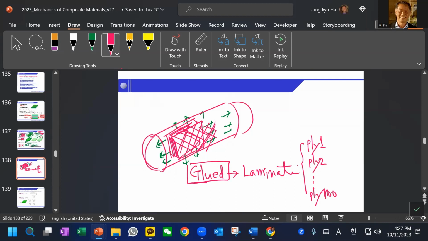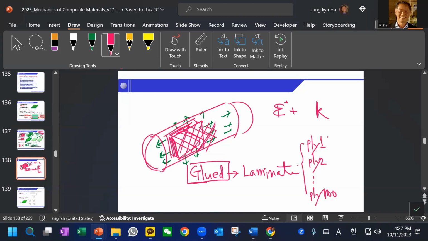So glued together means that no matter how many plies we have, their deformation will be the same. There's epsilon 0 and curvature. Curvature means that this will bend together.